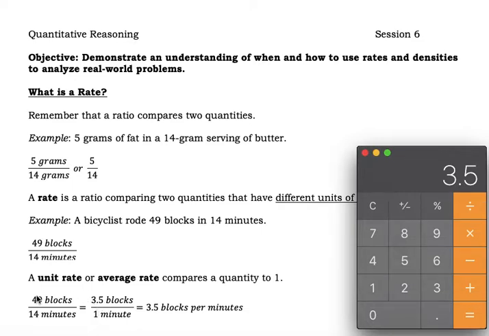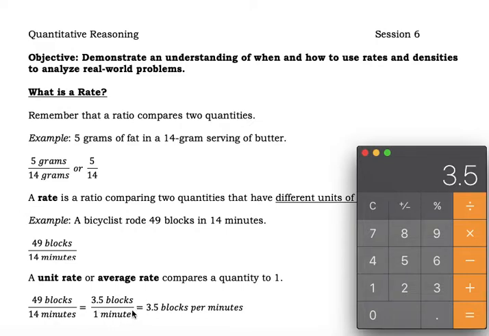You can also think of it as dividing both the numerator and the denominator by 14. If you divide this by 14, you get 3.5. If you divide this by 14, you get 1. So these two are equivalent. 49 over 14 is the same as 3.5 over 1.